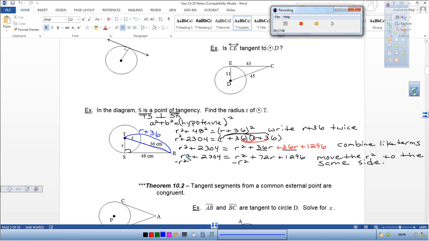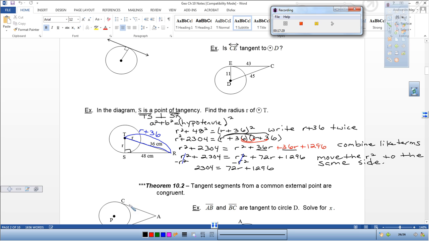This makes life easy because R squared minus R squared is 0. And I just get left with 2,304. Here, same thing. The R squared minus the R squared is 0. So I just get left with the 72R plus 1,296.